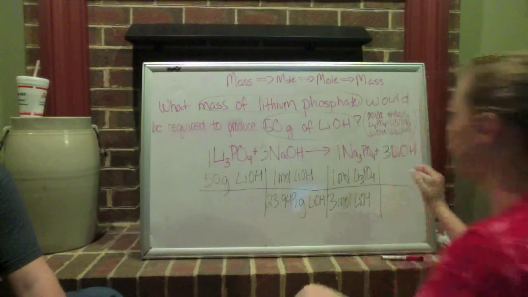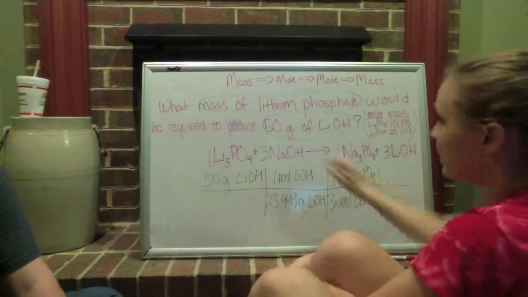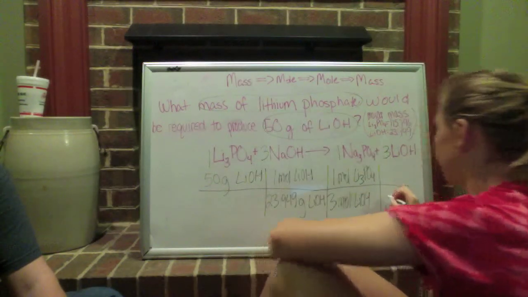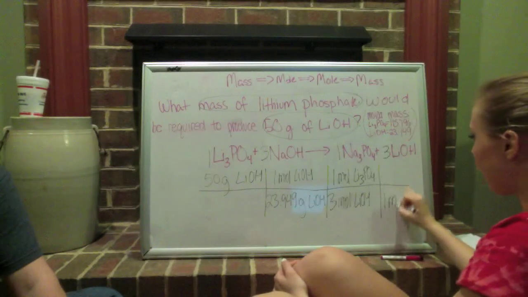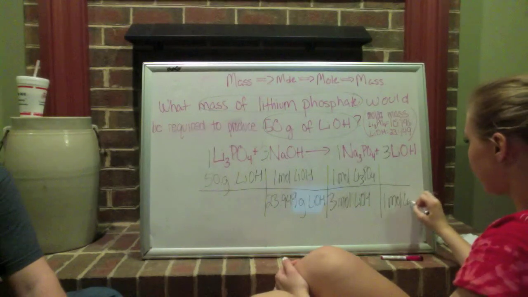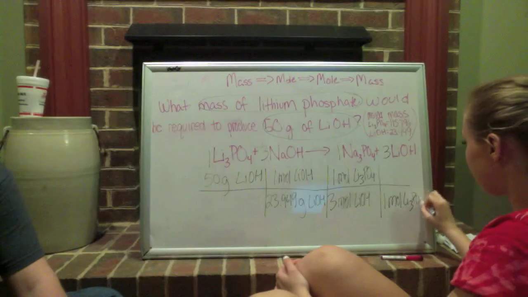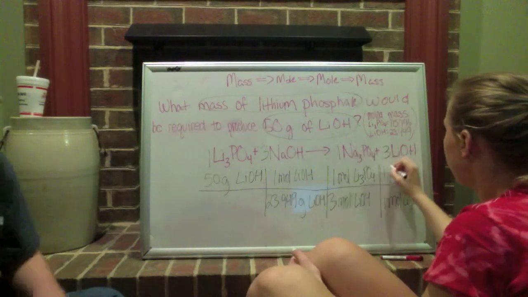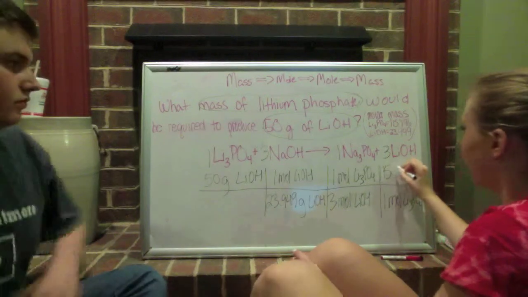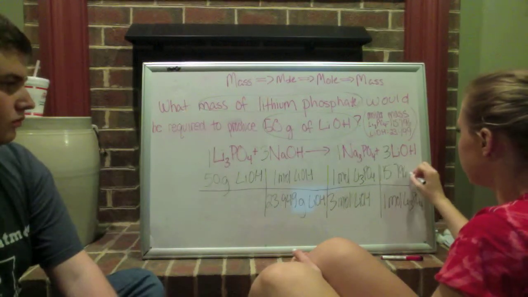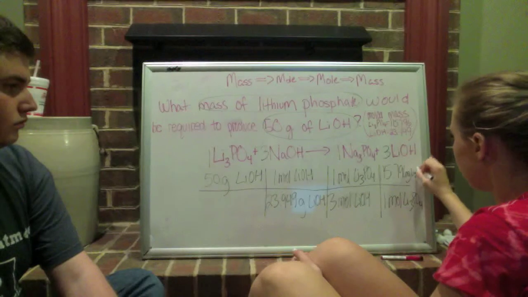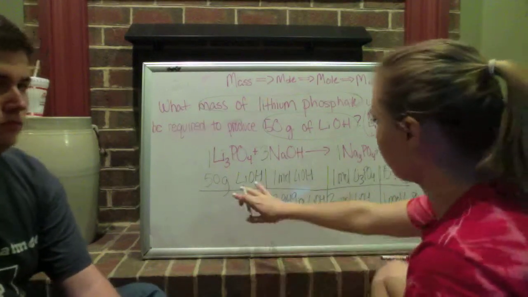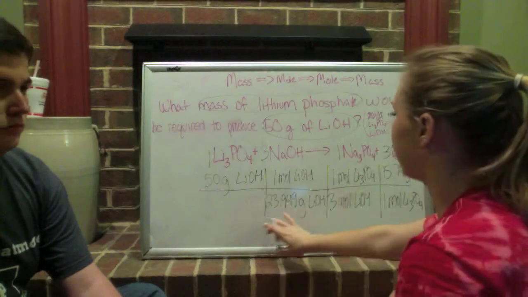Then, since you're looking for mass, you have to find your grams of lithium phosphate, so you're going to do 1 mole of lithium phosphate, and your molar mass was 115.796 grams of lithium phosphate.